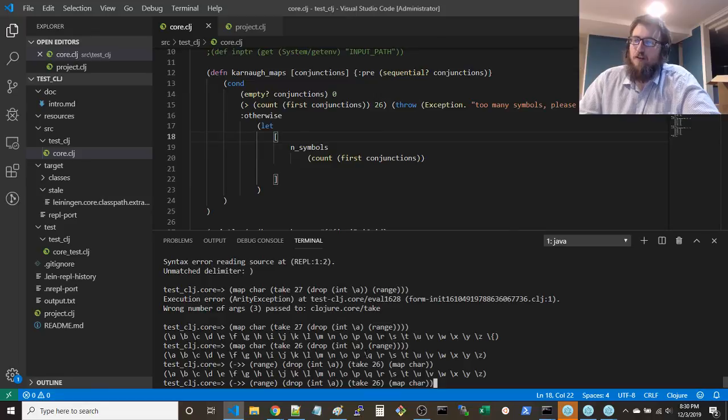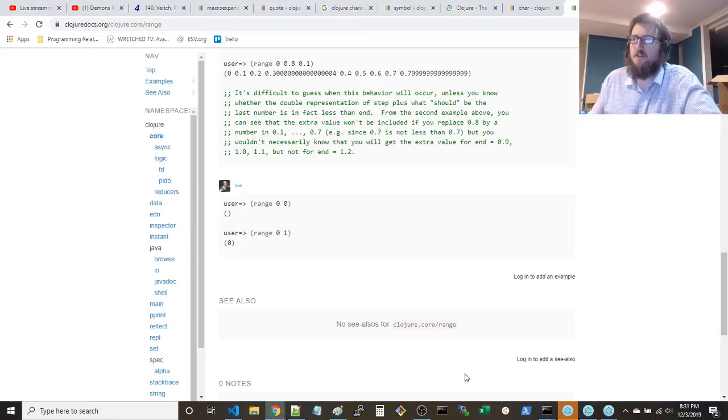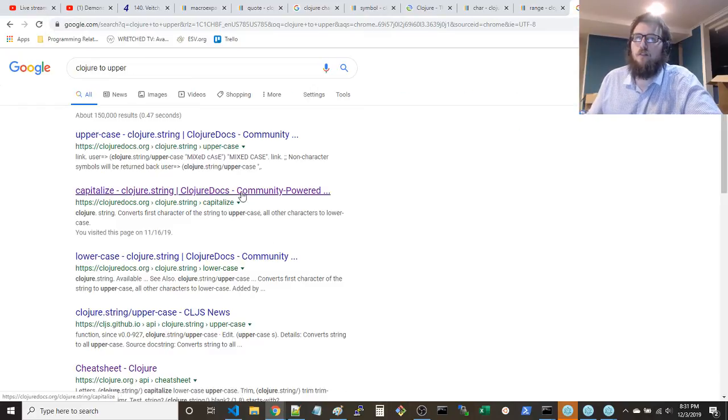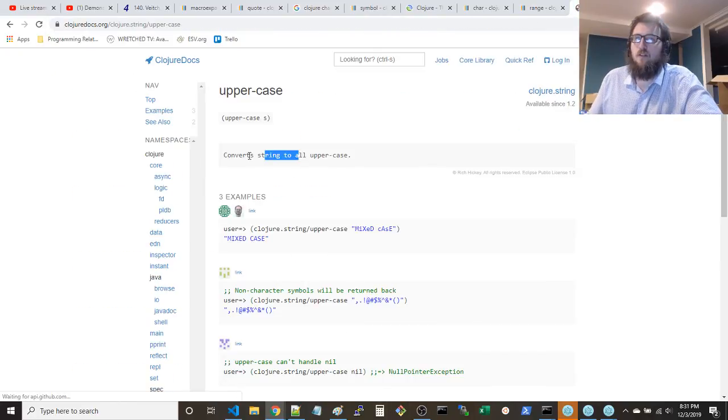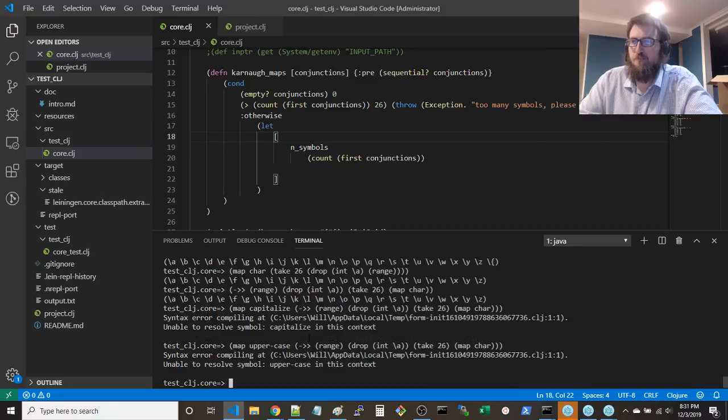And now we could take that and add one more, which is map capitalize. Nice. Or alternatively uppercase. Upper dash case. Nice.